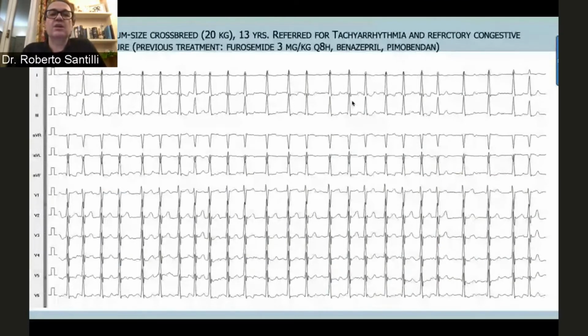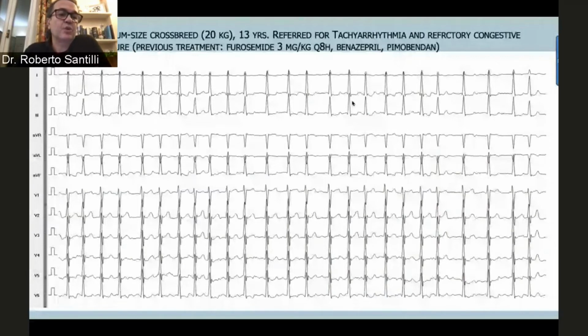Remember that this dog is in class C, but is not using spironolactone, and usually in class C, the guideline is suggesting the use of spironolactone. And there are also new studies about the use of spironolactone in dogs at this stage.